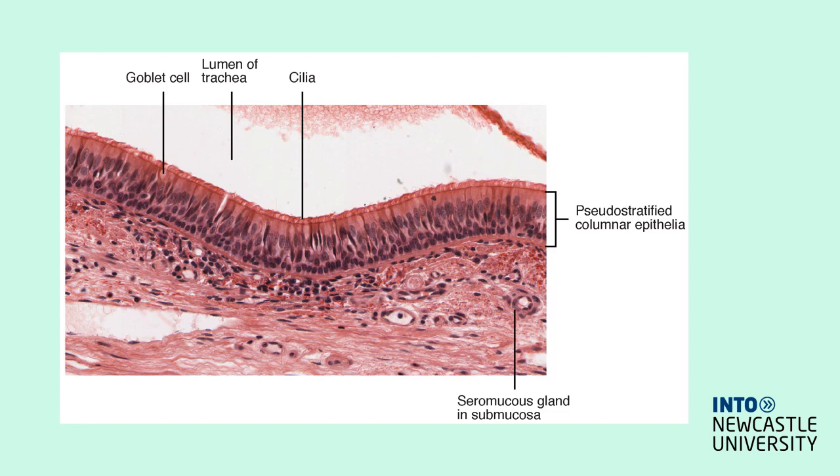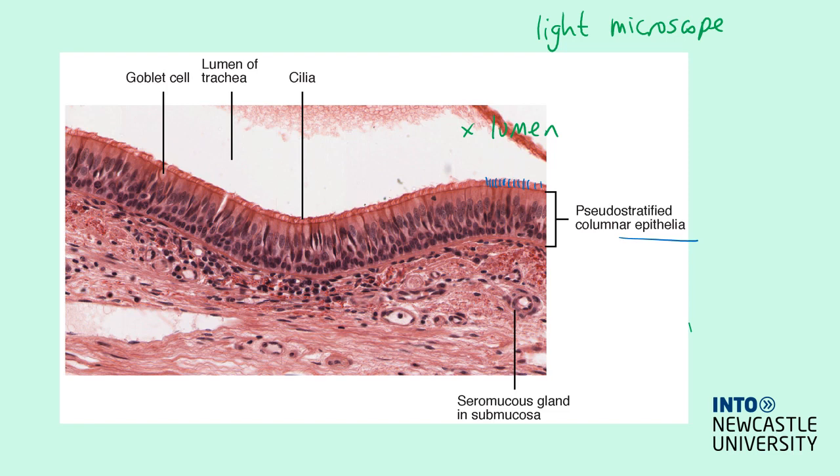This image is taken by a light microscope, and a thin section has been made through a section of trachea and stained so that we can see the colour. This is inside the trachea, so this is the lumen of the trachea, and you've got this epithelial layer here, and hopefully you can see it looks almost fuzzy.